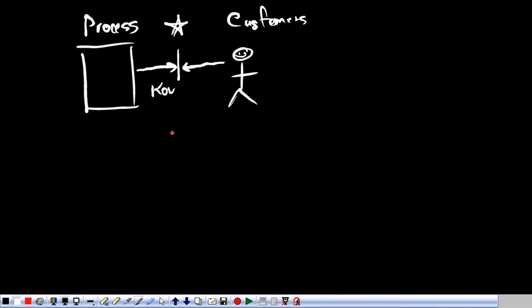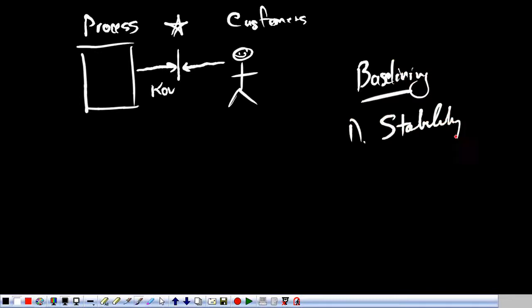It turns out that it's important to have both views, and when we do a baseline, it consists of two parts. The first part is stability. We're going to assess stability. That comes from a process perspective.